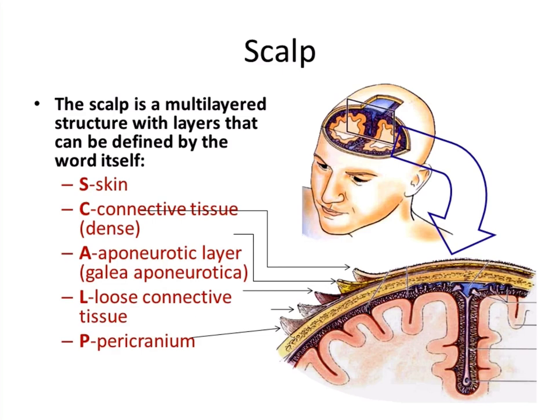The fourth layer is the loose connective tissue, and the fifth layer is the pericranium, which is part of the skull, the outer layer of the skull. So there are 5 layers: the skin, dense connective tissue, aponeurotic layer, loose connective tissue, and the pericranium.